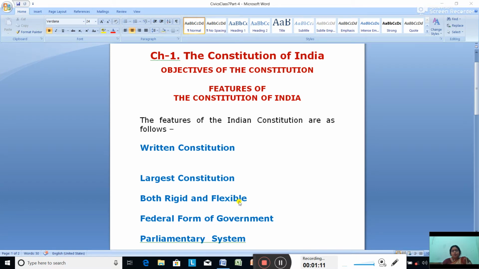Now, what type of constitution are we having? We have a written constitution. The Indian constitution is a written constitution. That means, in other countries, we have some countries which have an unwritten constitution. Yes, Britain. Britain has an unwritten constitution.